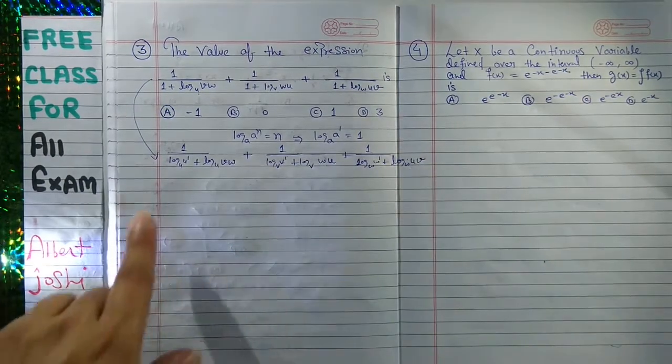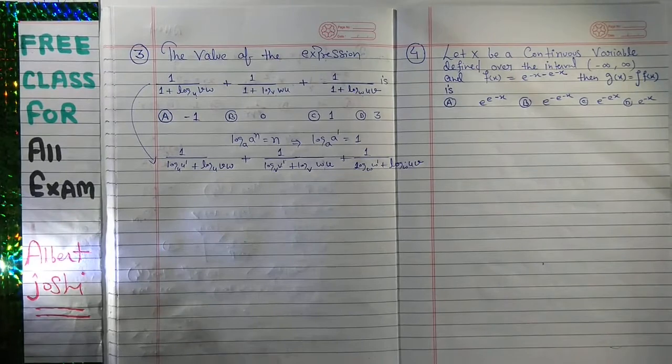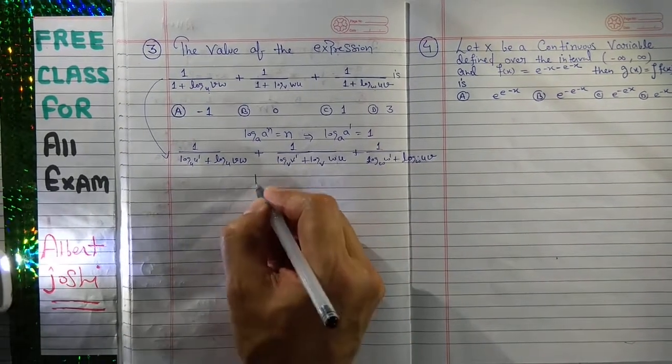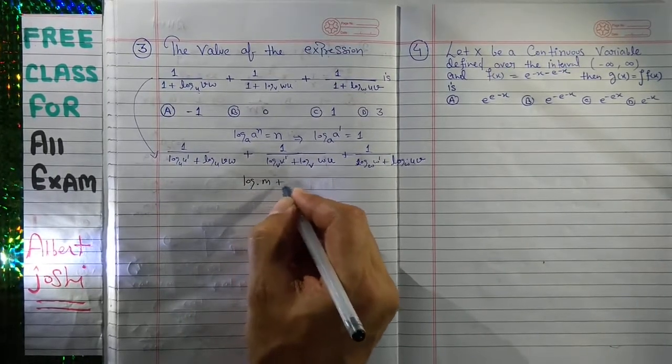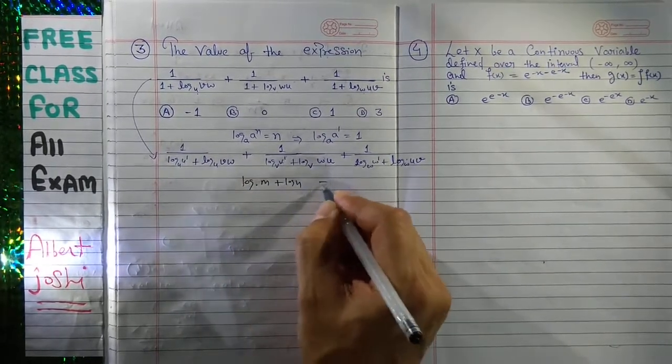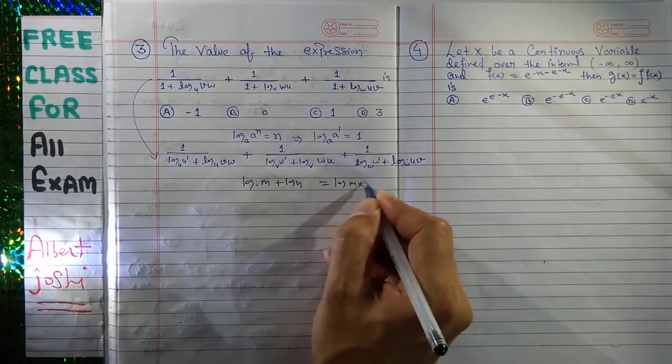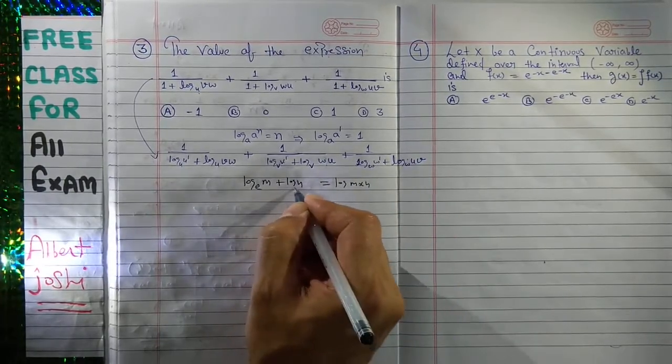Now we know that log m plus log n is equal to log m into n if the bases are same.